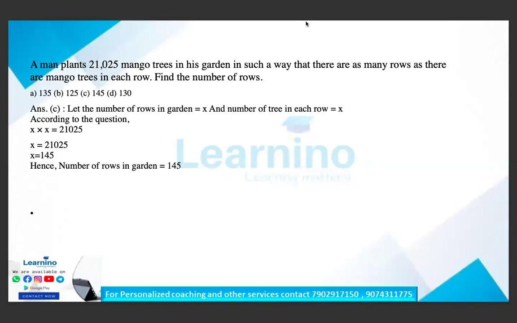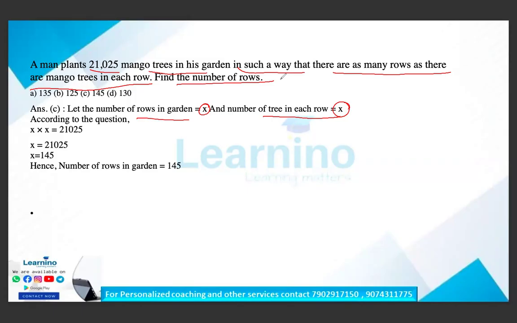Next question. A man planted 20025 mango trees in his garden in such a way that there are as many rows as there are mango trees in each row. Find the number of rows. Let the number of rows in the garden be x and the number of trees in each row be x.